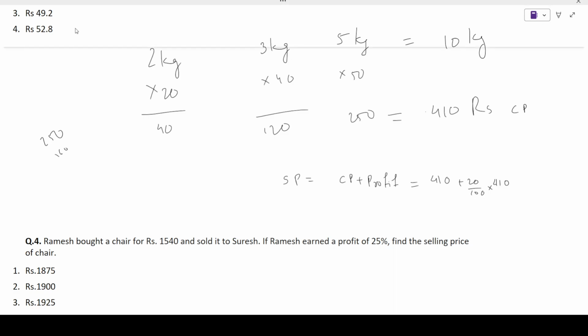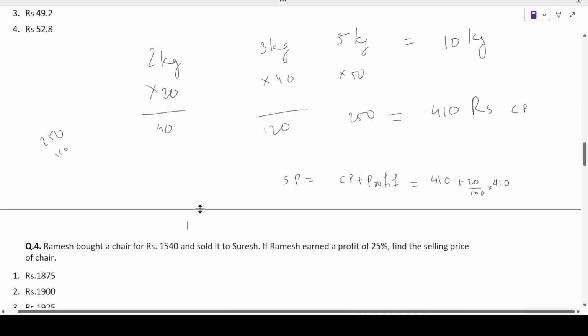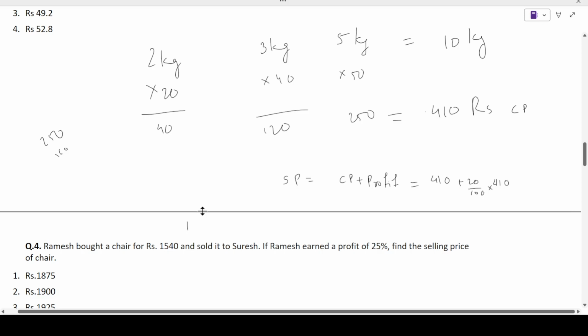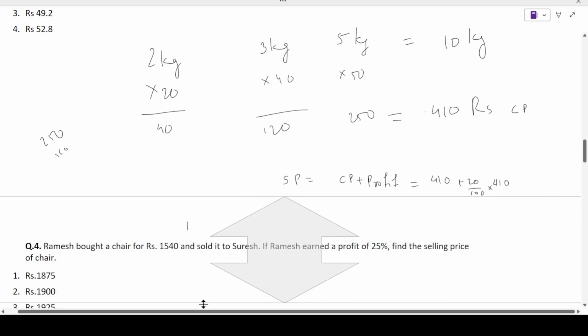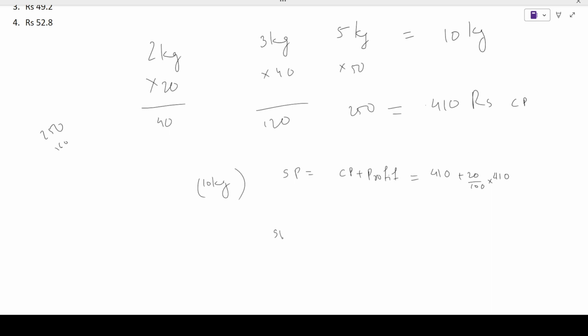So this is the selling price for 10 kg. Selling price will be 410 plus, solving this, 410 plus 82.